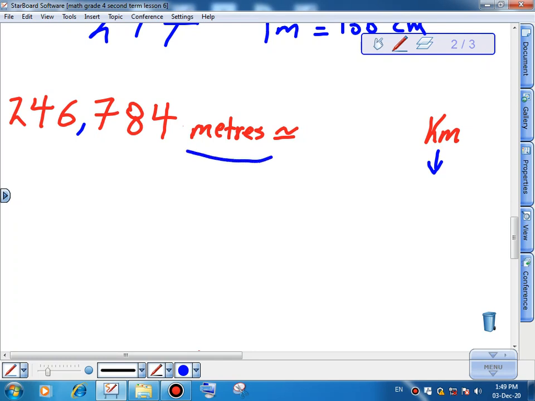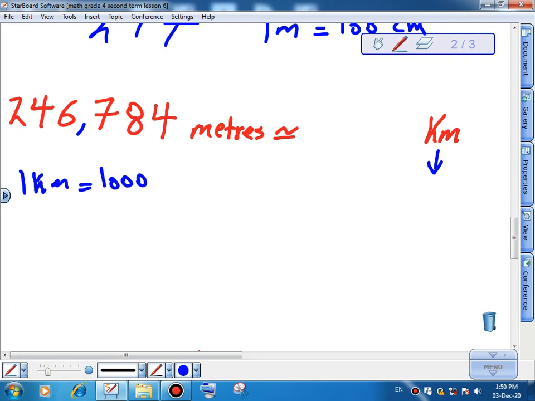Here the unit is meters, so first I need to transform the units to be the same. I need to transform meters to kilometers. Remember, meter is smaller than kilometer, and 1 kilometer has 1,000 meters.